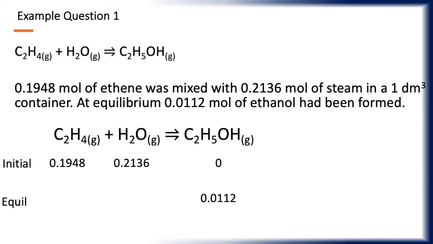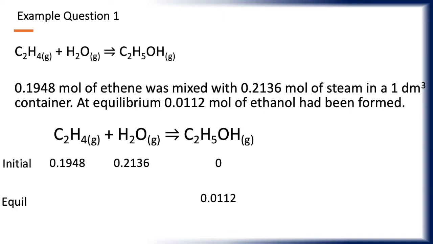So the best way to do this, I find, is to write the equation out and pop in the figures of the initial moles that you start with of your reactants and products. So I've done that. And then at equilibrium, we've been told we formed 0.0112 moles of ethanol.